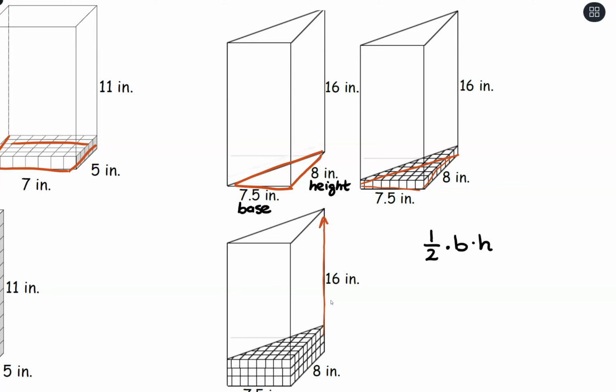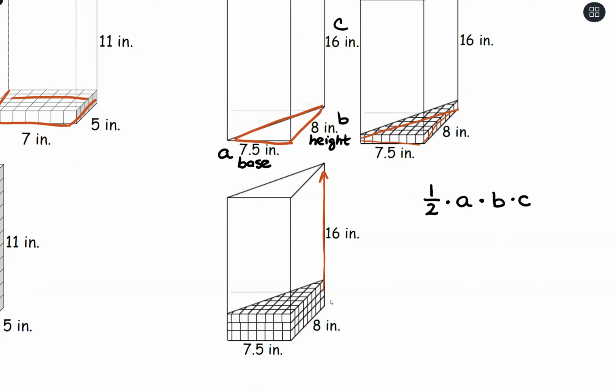So what we're going to do is, how do I want to rewrite this? Let's call this A, B, and C. So we would take 1/2 the base of the triangle, which is A, and then multiply it by the height of the triangle, which is B, but then multiply it by the height of the overall prism, which would be C. So to calculate our volume here, we would go 1/2 times the 7.5 times 8 times 16.